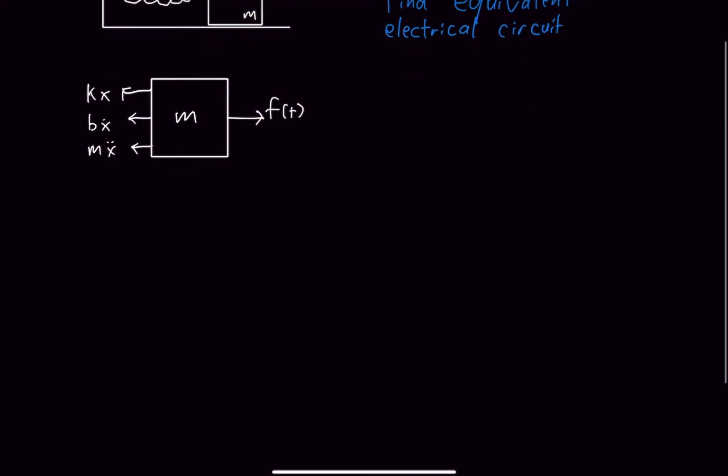So drawing this, we know that the sum of all forces is equal to 0. So like so. All right. Kx plus Bx dot plus Mx dot dot equals F of t.